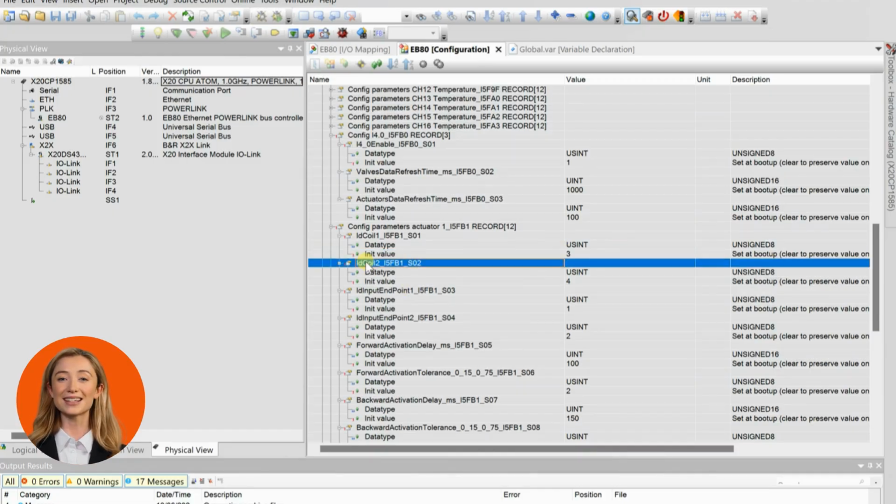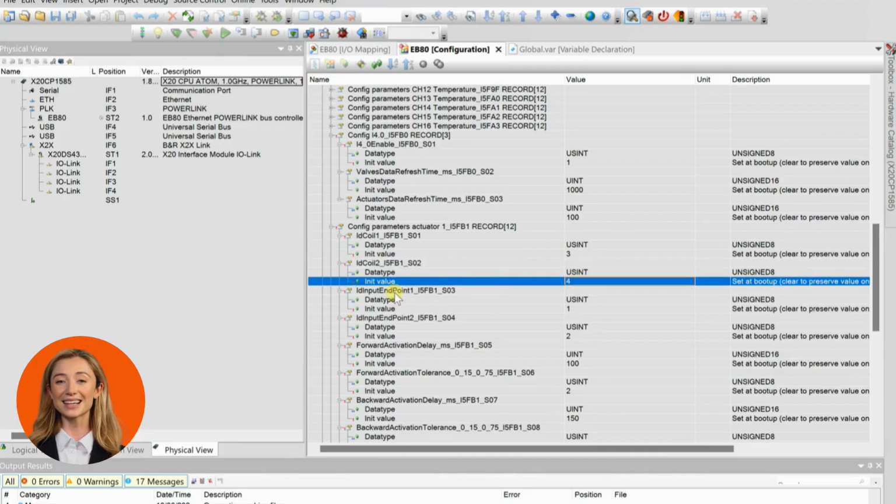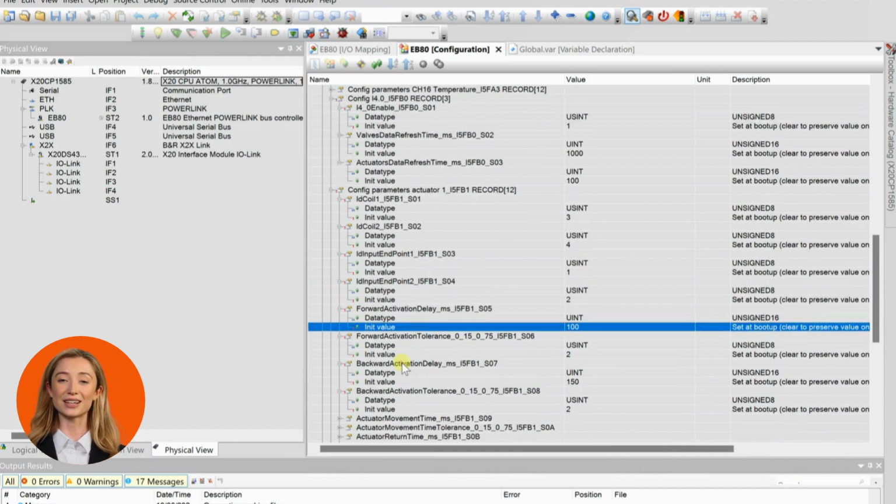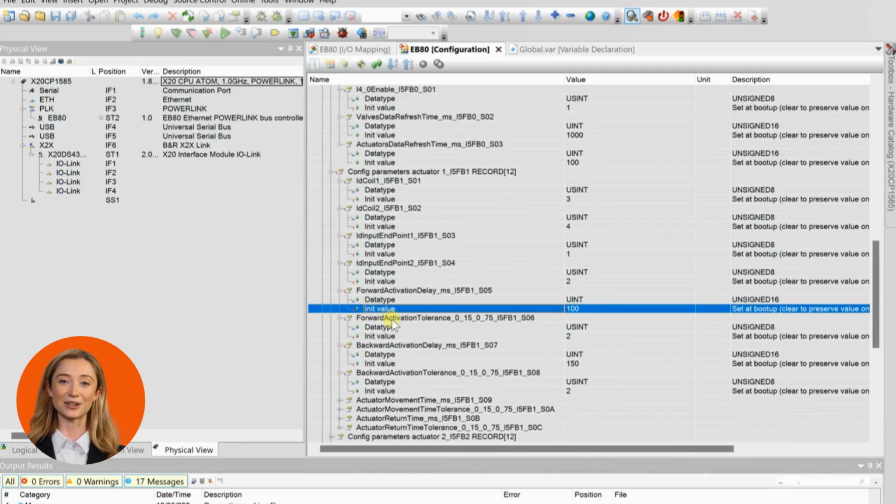ID coil 2 indicates the solenoid associated with the actuator's retraction movement, in this case 4. ID input endpoint 1 indicates the sensor for the retracted actuator position, in this case 1. ID input endpoint 2 indicates the sensor for the extended actuator position, in this case 2.